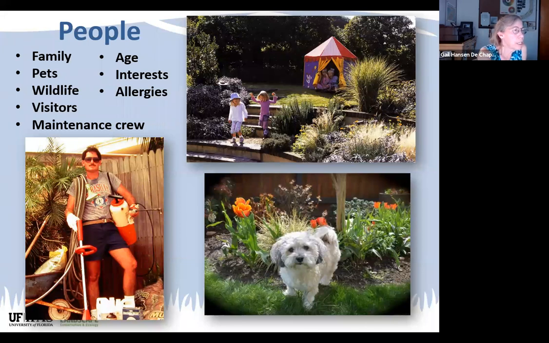And the funny thing is that a lot of people now are thinking about wildlife, which is a good thing, thinking about bird habitat and butterfly habitat. That has become a very popular theme in landscapes. But when you're thinking about wildlife, usually people are only thinking about particular types of wildlife.